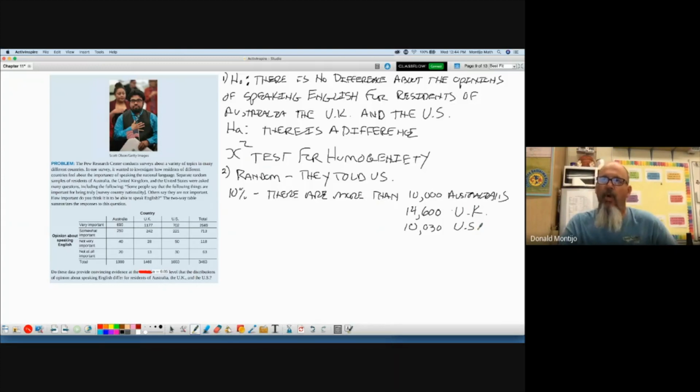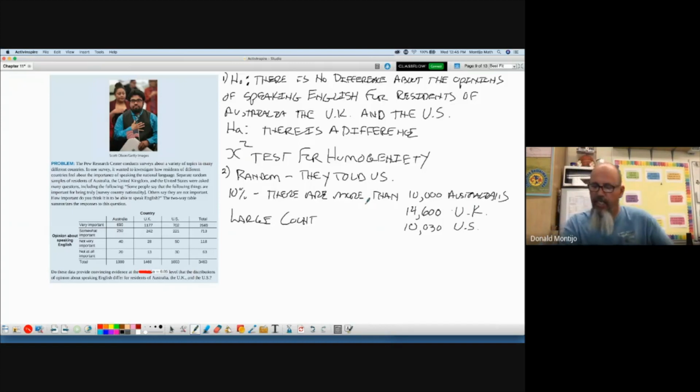Well, that I don't know yet, because I'm going to have the calculator find all of my expected counts for me. So before I can finish up this part of step 2, this large count, I'm going to go to my calculator and see what all the expected counts are.